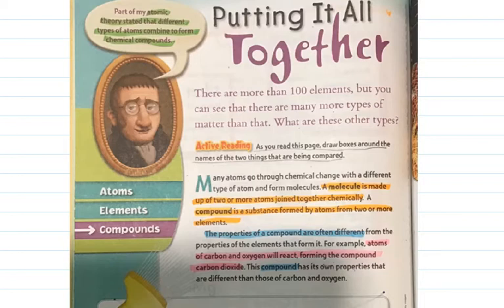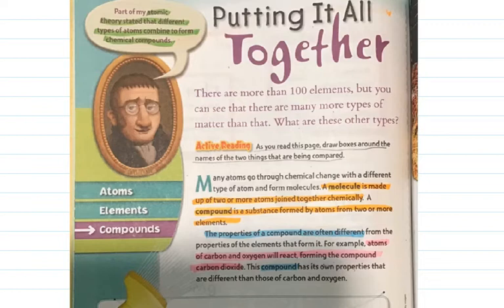Now in green highlighter, you need to highlight atomic theory stated that different types of atoms combine to form chemical compounds. Now, we all know what chemical means, and we all know now what compound means. So a chemical compound is the chemical joining of the atoms.